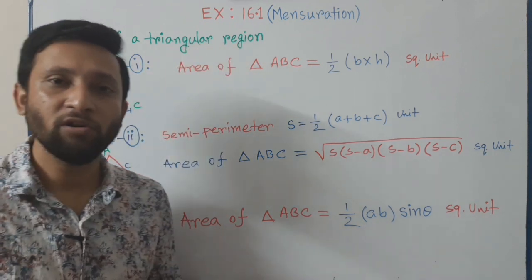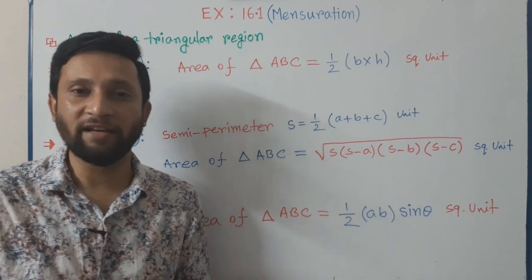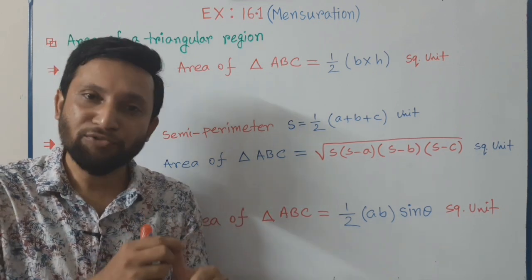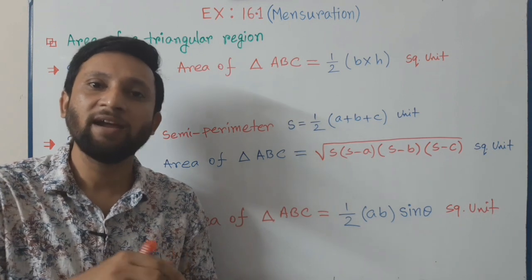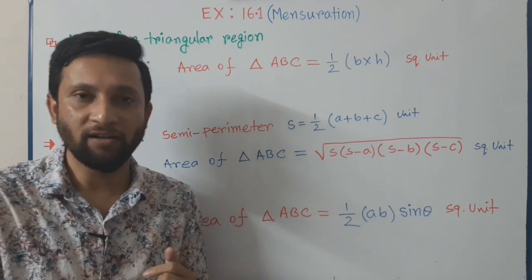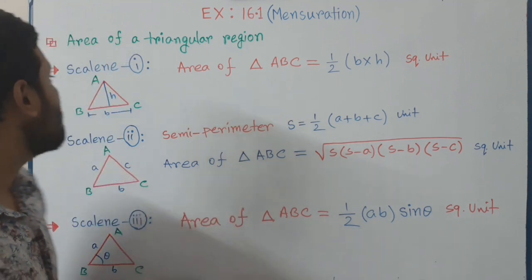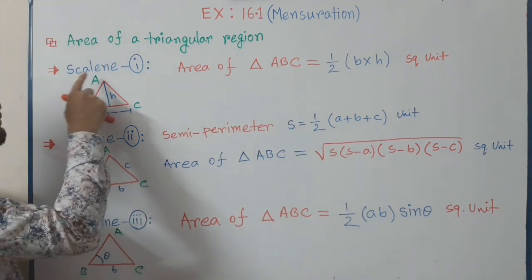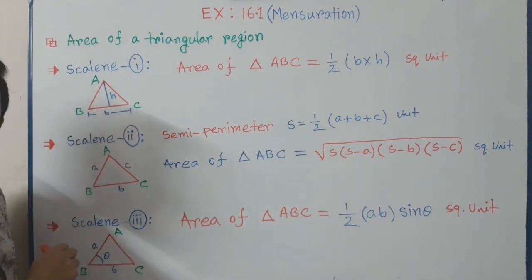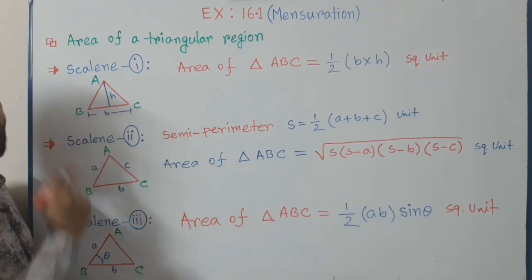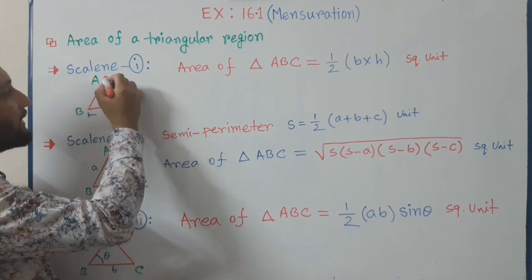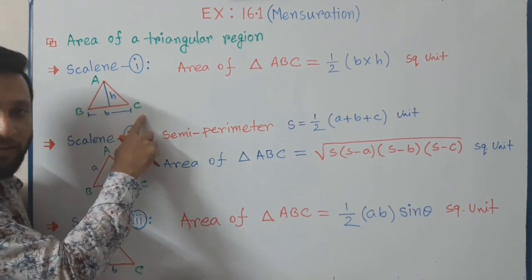We already know different types of triangles such as scalene triangle, isosceles triangle, equilateral triangle and then right angle triangle. Okay. Now firstly I am going to discuss how to find the area of a scalene triangle. So scalene 1, that means type 1. Suppose ABC is a scalene triangle.